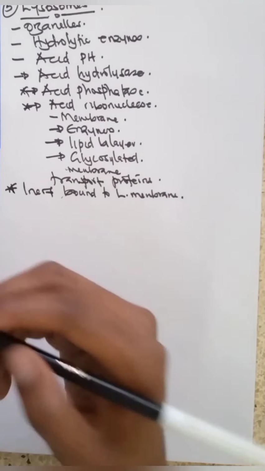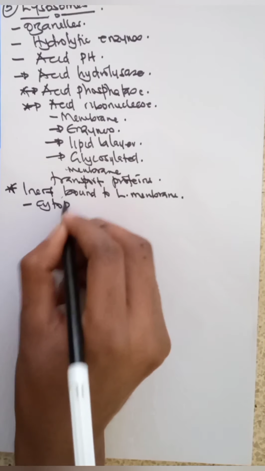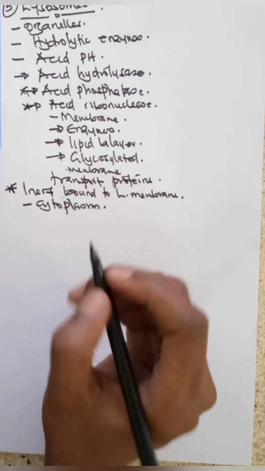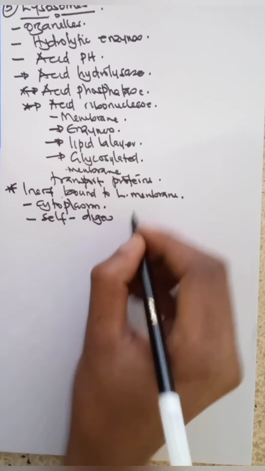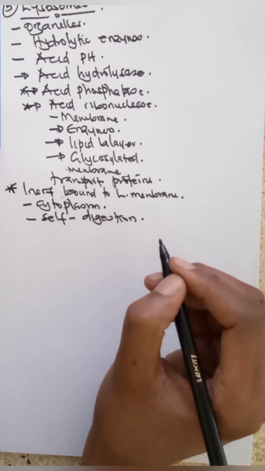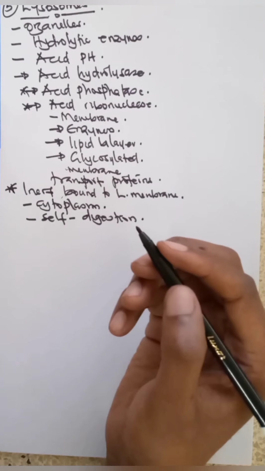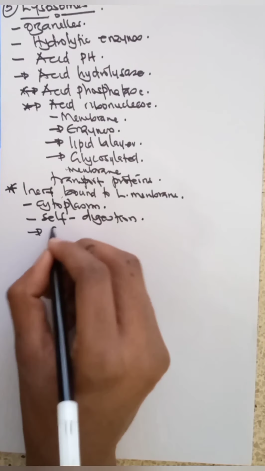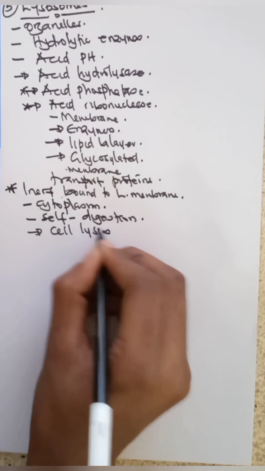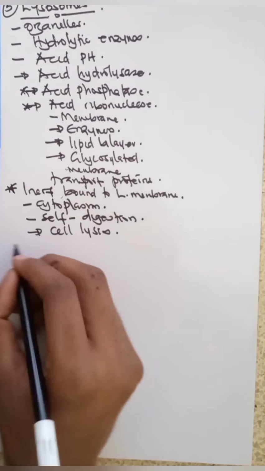However, in case there is membrane breakage, these enzymes can leak into the cytoplasm, and when they leak into the cytoplasm, they cause what we call self-digestion. They digest away cytoplasmic organelles, and of course, when they digest the cytoplasmic organelles, they lead to what we call cell lysis or cell autolysis.